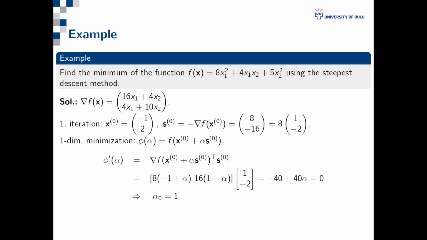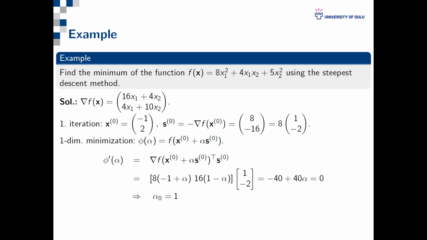I may perform the 1D minimization. But because of my 1D minimization problem, I can compute everything analytically, exactly.